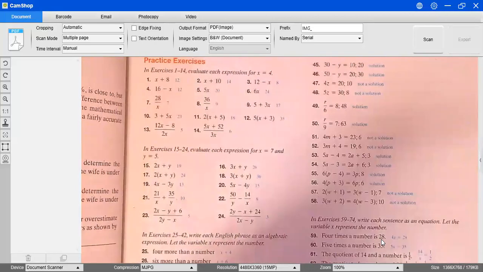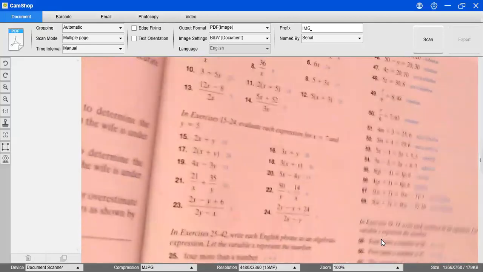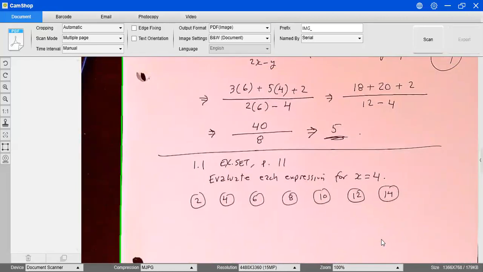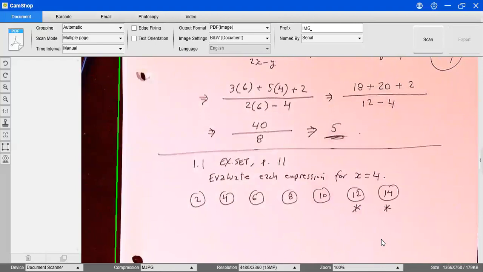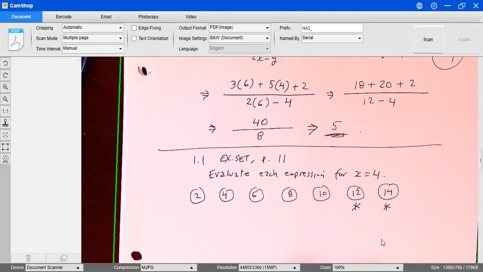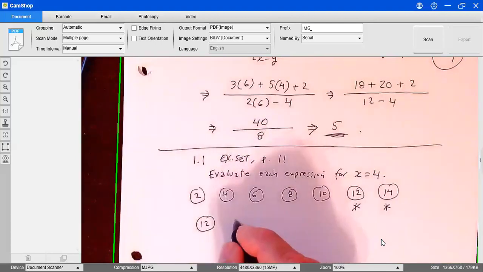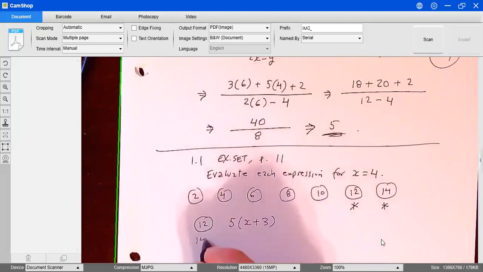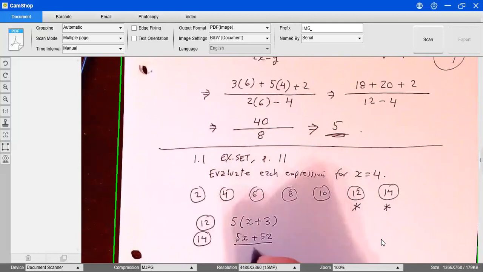So you have the book here. You can take a screenshot. Then I'm going to write the ones that I need you to work at least, and include in the assignment that you're going to submit at the end of this lecture. You're going to work 12, which is just 5 that multiplies x plus 3, and 14 is 5x plus 52 over 3x.